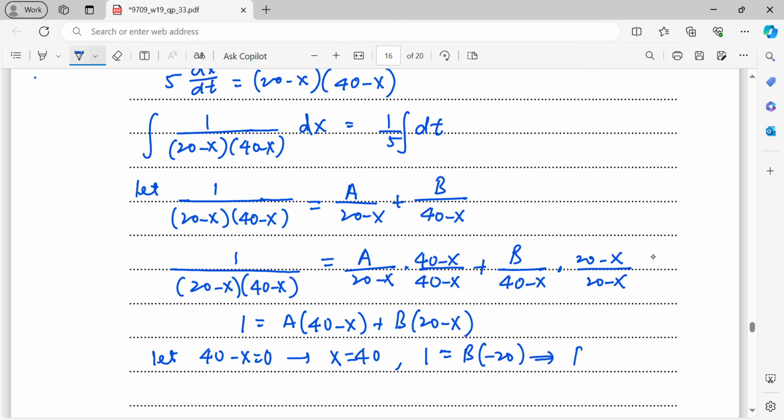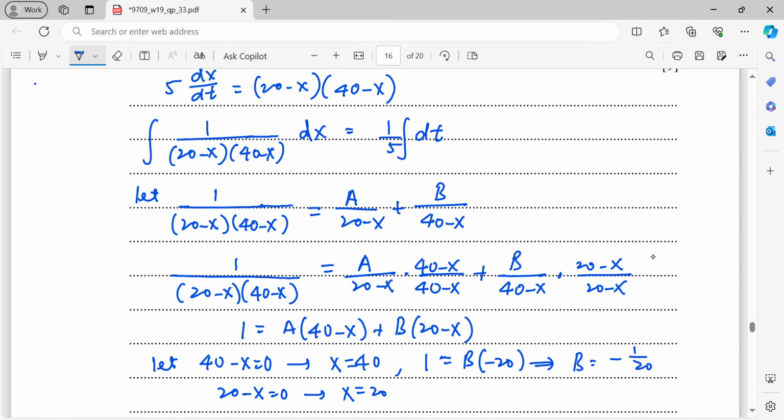Then you will be getting b is negative 1 over 20. The next one is I let 20 minus x be 0. That means my x is 20. So 1 equals a times 40 minus 20, that is 20. Therefore, a is 1 over 20.